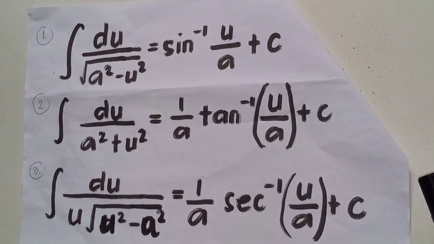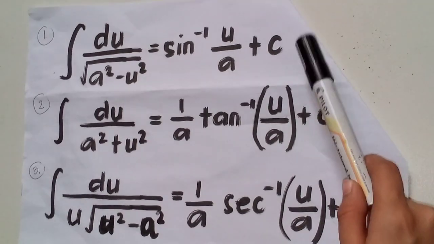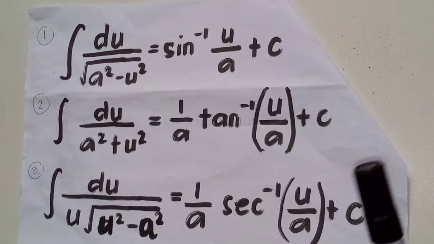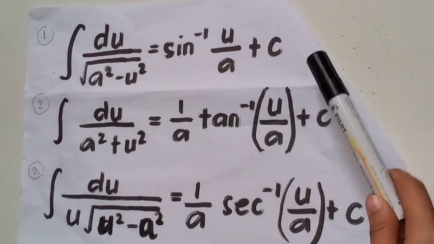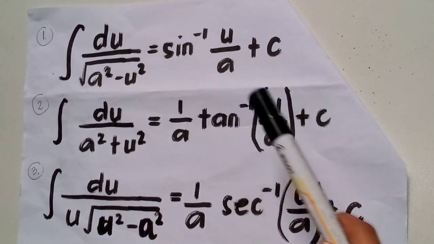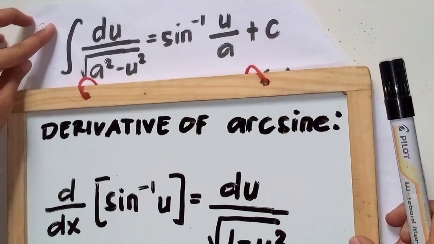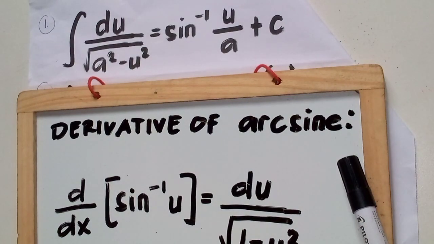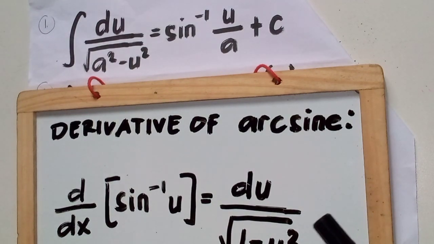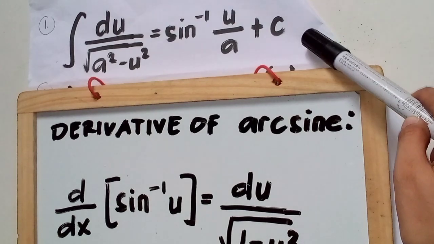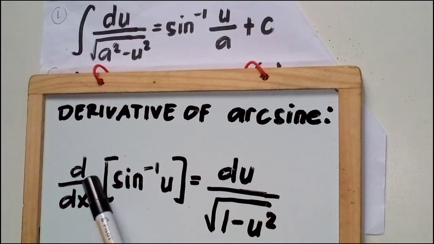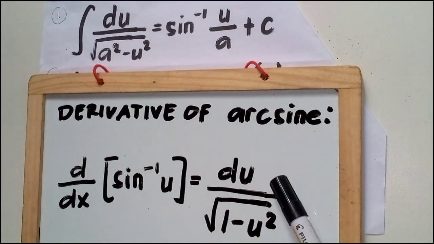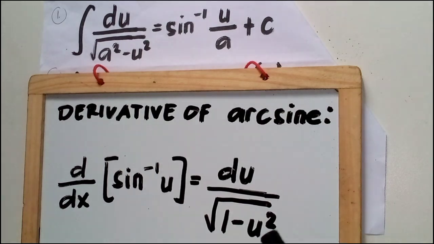These formulas for integrals are derived from the formulas for the derivatives of inverse trigonometric functions, meaning each of these formulas was derived from the derivatives of inverse trigonometric functions. So say, for example, in this first formula of arcsine, we have the derivative of the inverse trigonometric function of sine to demonstrate that this formula is derived from it. The derivative of arcsine, d over dx arcsine u, is equal to du over the square root of 1 minus u squared.